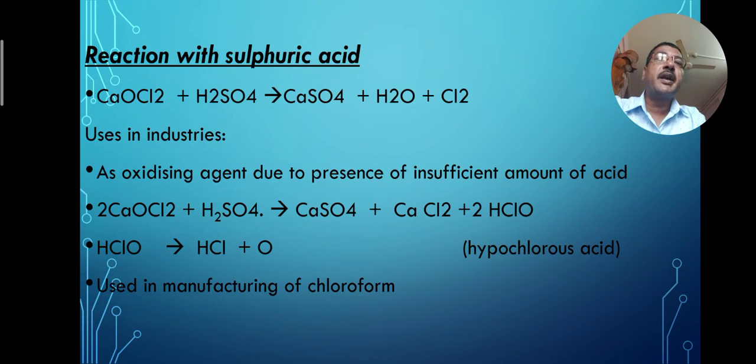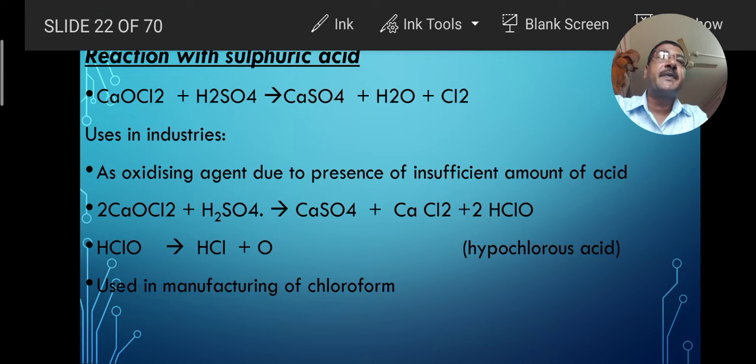Now next is the reaction with the sulfuric acid. See here, it is CaOCl2, calcium oxychloride, bleaching powder, reacting with the sulfuric acid H2SO4. The 2 should go in the subscript on the lower right side of the symbol, but I forgot to do it.